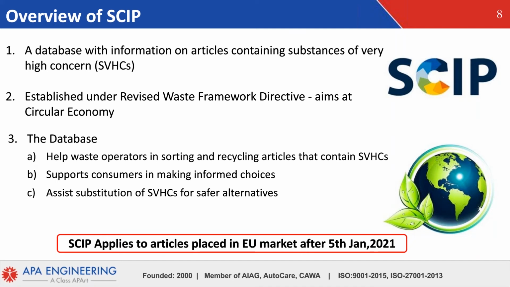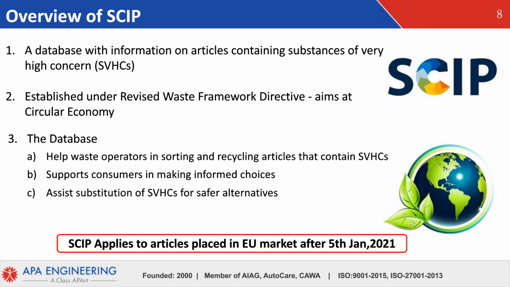The database is designed for 3 purposes. 1, to help waste operators in getting information on how to properly sort and recycle any articles that contain SVHCs. It is also designed to help in educating consumers to make informed choices about these articles and how to properly dispose and recycle them.